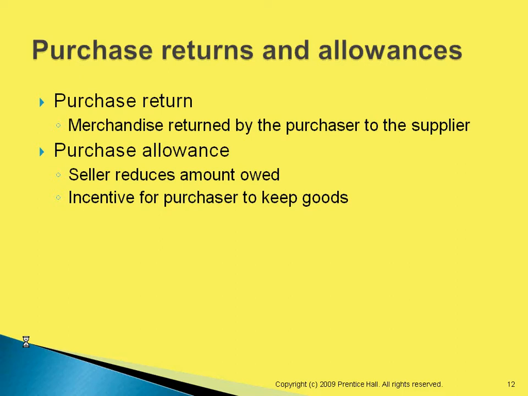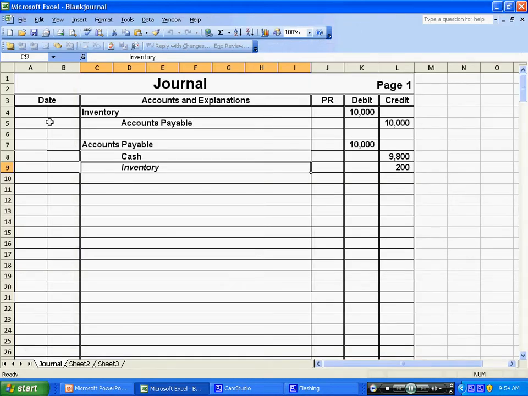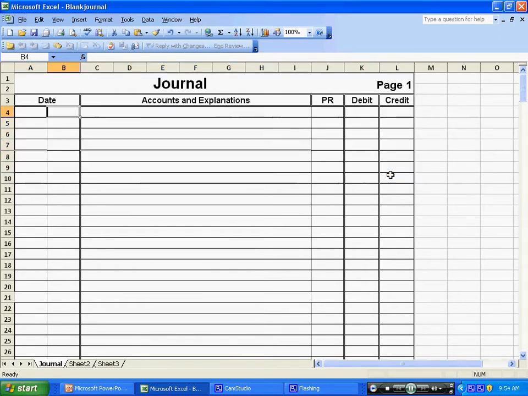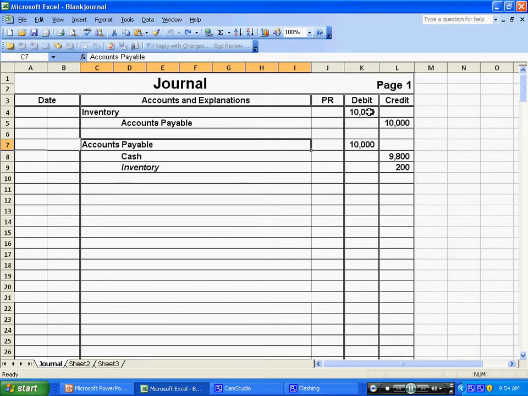So let's look at S5-2, Toys R Us. Okay, what's going on with Toys R Us? They buy $100,000 worth of Legos on credit terms of 3/15 net 45. Some of the goods are damaged in shipment, so Toys R Us returns $10,000 of the merchandise.